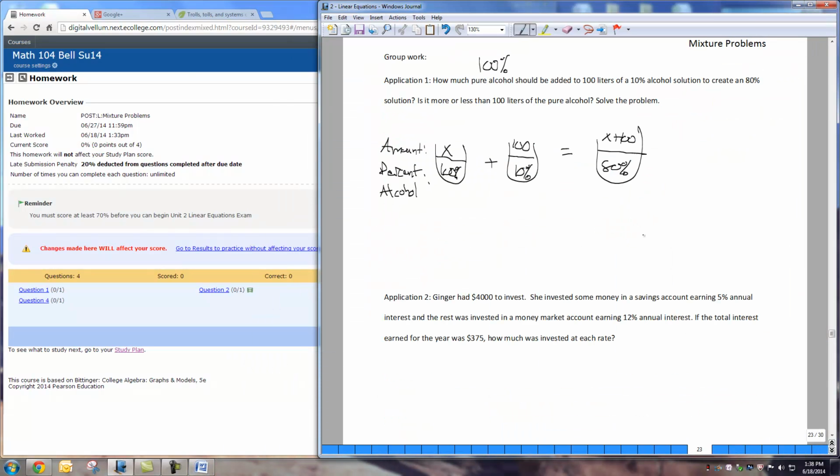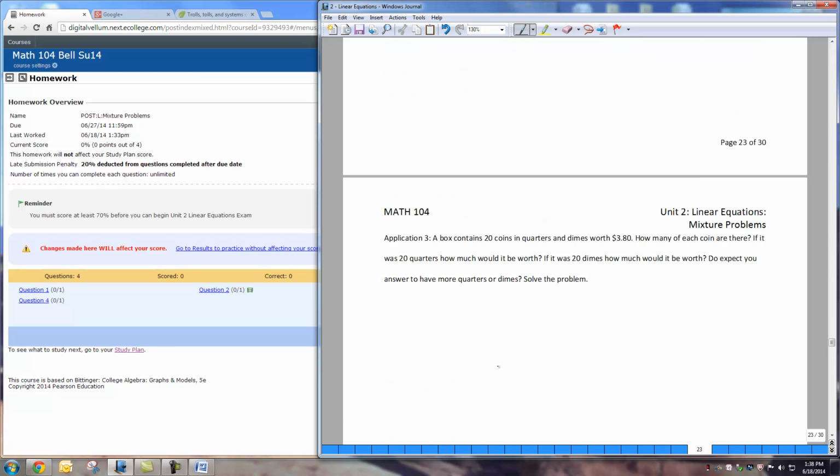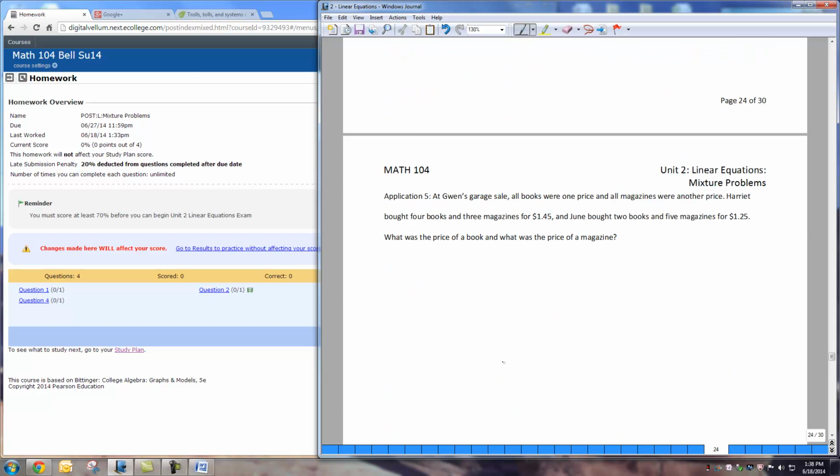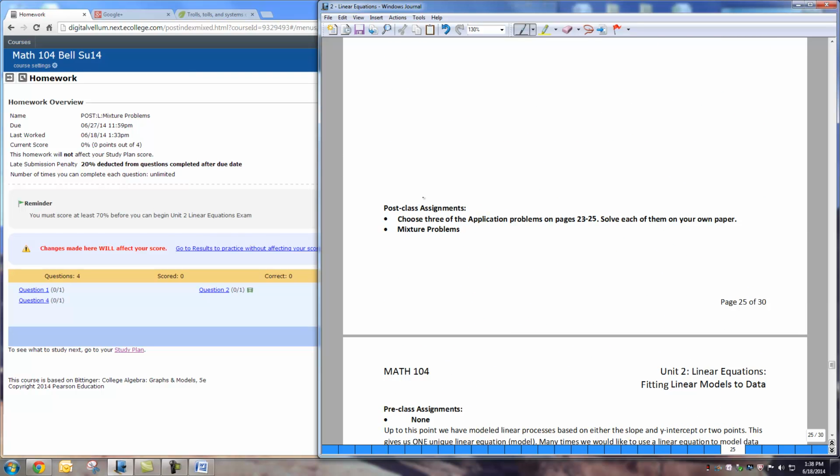So just answer 3 of these problems. Work them out and give me the answer, where you restate the question. Okay? These 3 application problems, along with the homework, are due 6:27 at midnight.